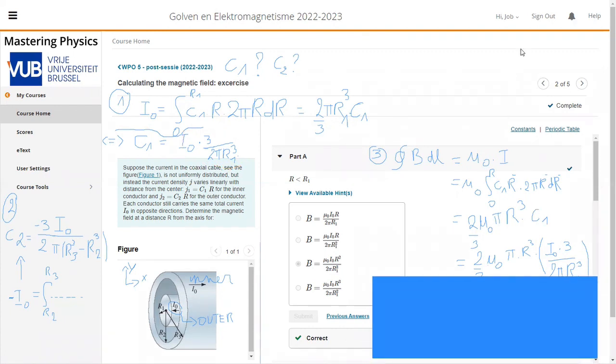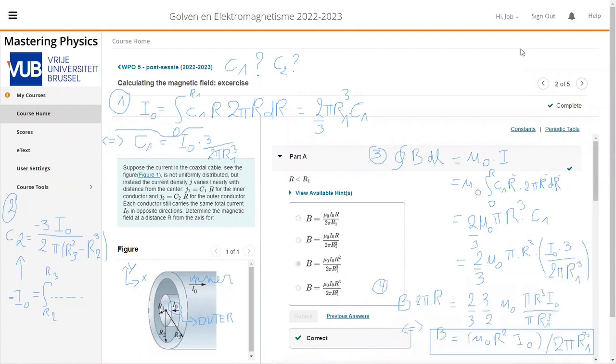Then the last step you say that you have to do, so we know that this is equal to this one because B is constant and then dL is your track, so 2 times PR, and then it will give me 2 over 3. 2 over 3 was already there. 3 over 2, 2 over 2 times, just calculate the thing, and then it will give you this one, and you just should look at this one.